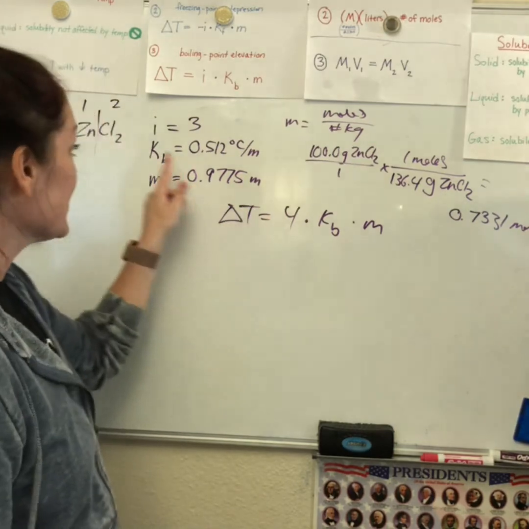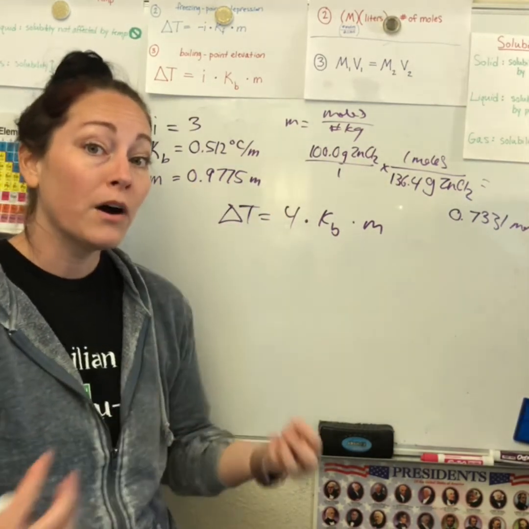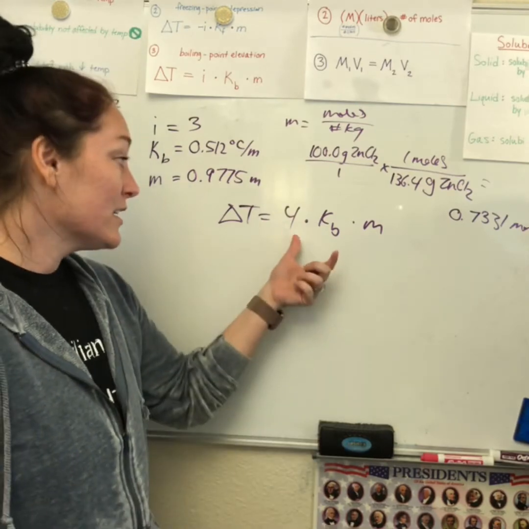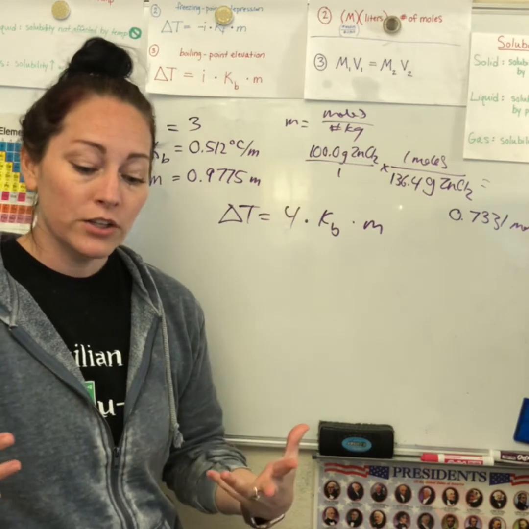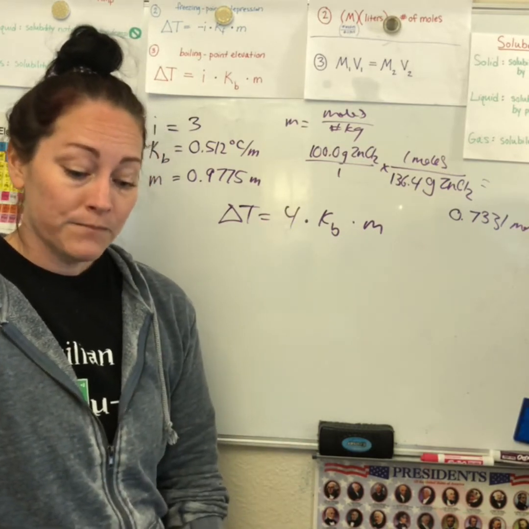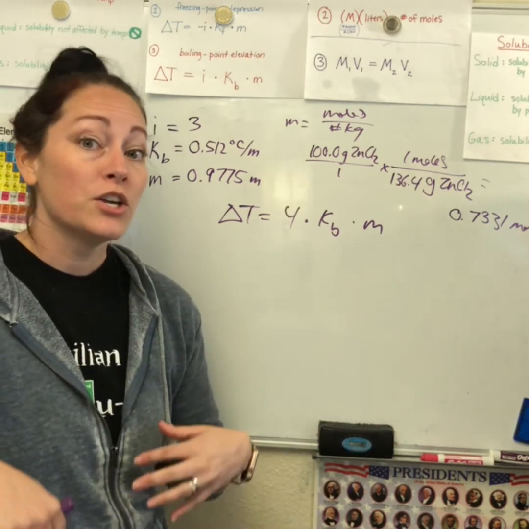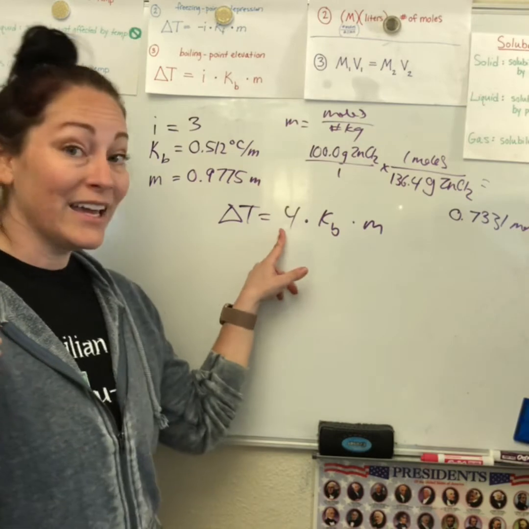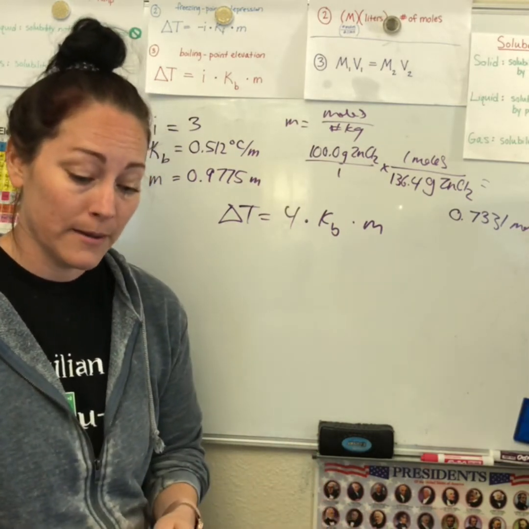So it should make sense that whatever you have right here for a compound, the more parts it breaks into, the more you're going to be changing that. So if I say you have a solute that's going to raise the liquid's boiling temperature, which one would you pick to raise the liquid's boiling temperature the most? You're going to want to pick the one with the highest amount of ions that it's broken down into, okay?